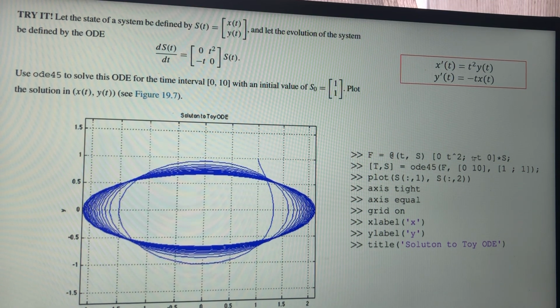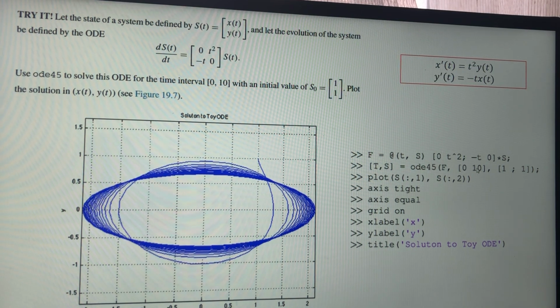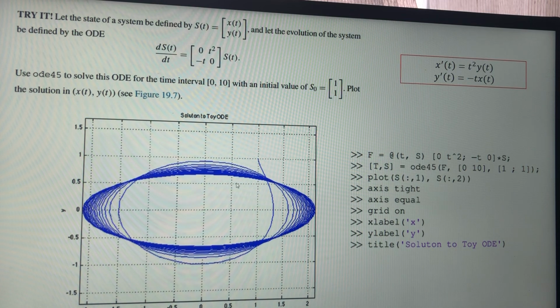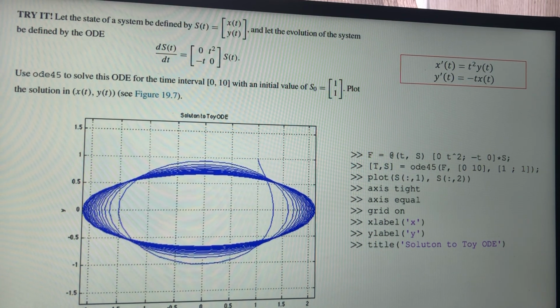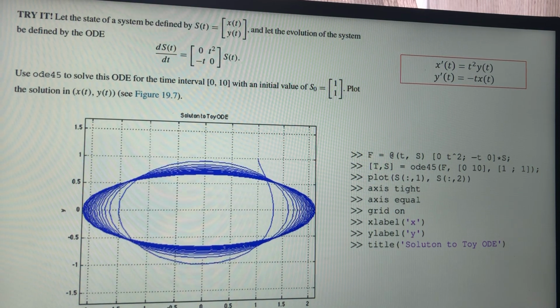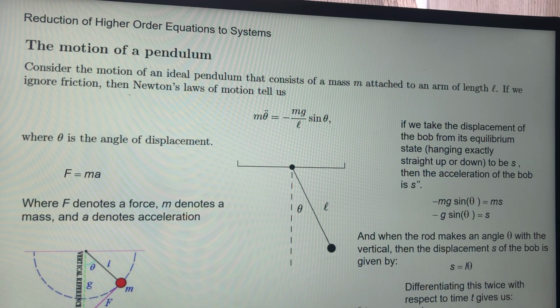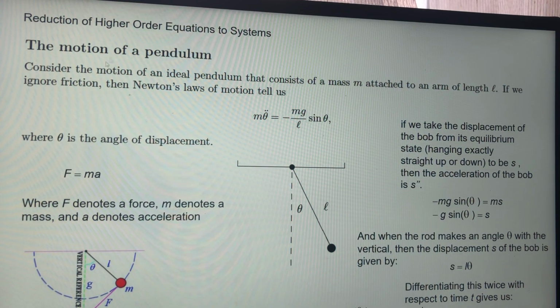As you can see, we are defining this matrix times s, and you are just calling with the initial condition and the time span, and you can plot your solution like that. So it is so easy to solve any system of first order differential equations with MATLAB.